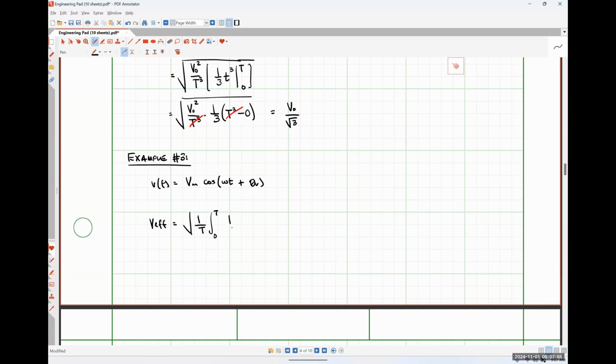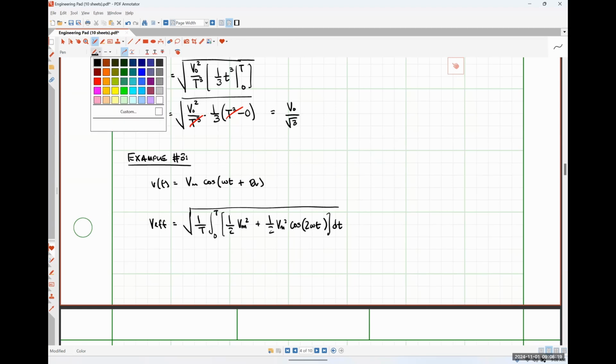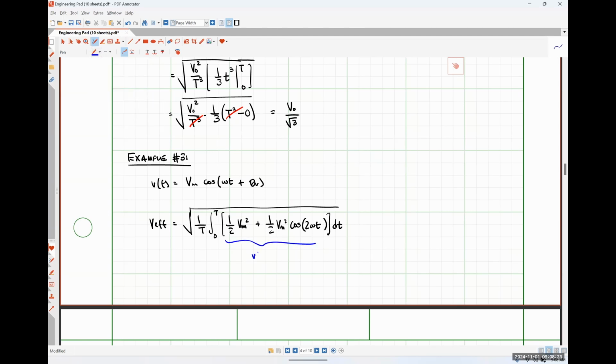So this is going to look like 1/2 Vm squared plus 1/2 Vm squared cosine twice omega t dt. Where this underneath is just v of t squared.